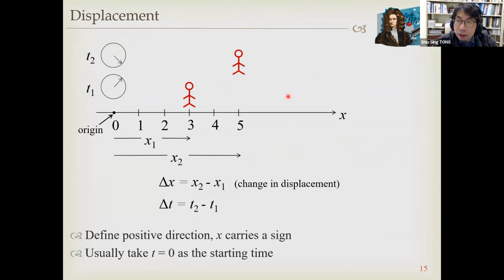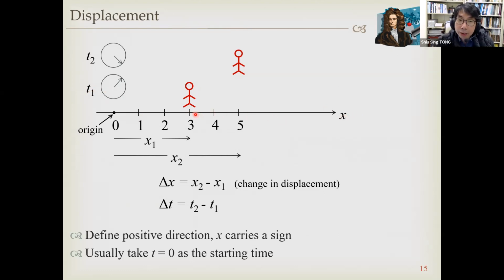Now let's start with a very simple example of displacement. Suppose we are now interested in a rectilinear motion in which a person moves along a straight line back and forth. So at a certain time, I call it t1, I draw an x-axis here, which is positive to the right.